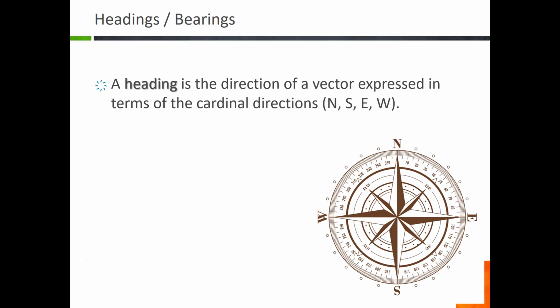For example, in this little illustration I have here of a compass, we have north, south, east, and west as our normal cardinal directions, and for the most part, that's the way we're going to deal with things.